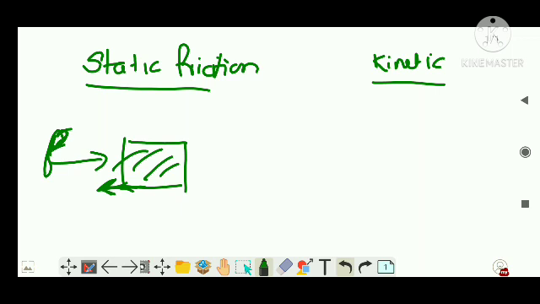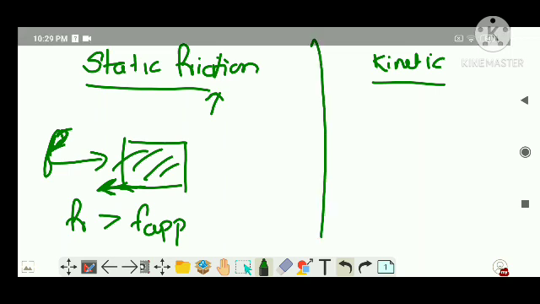This opposing force at the surface of contact is known as static friction. That means the frictional force is greater than the applied force, and that's why the block is not moving.